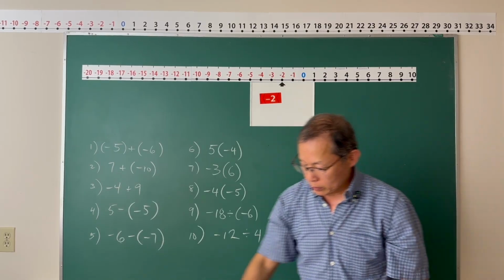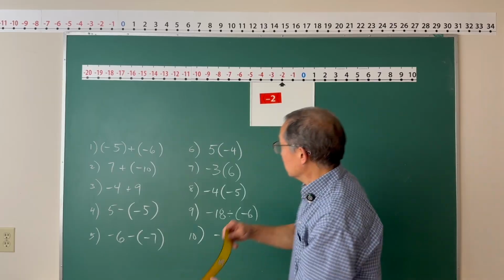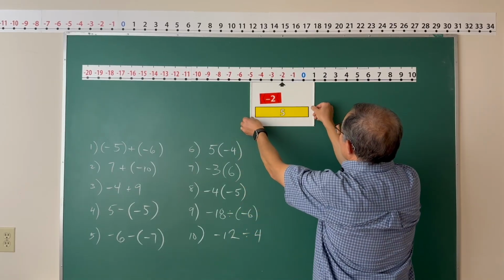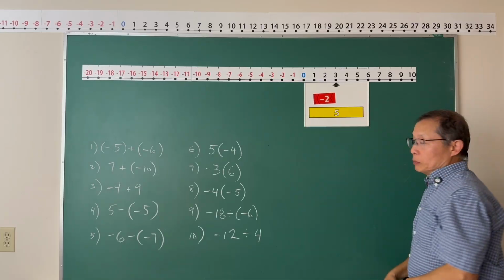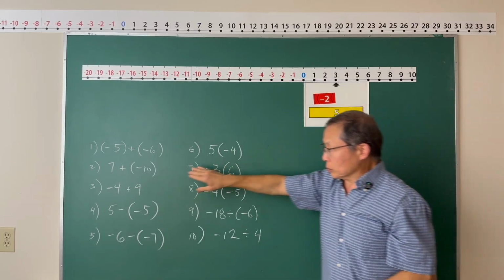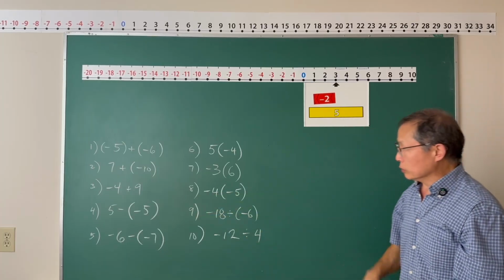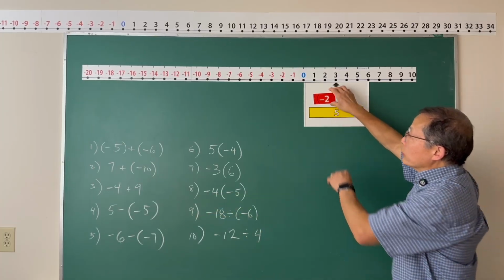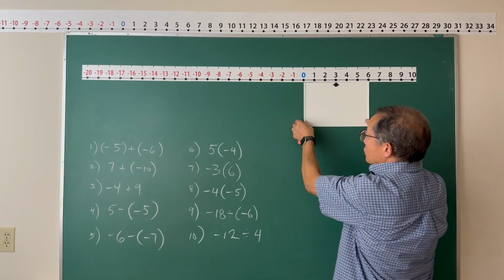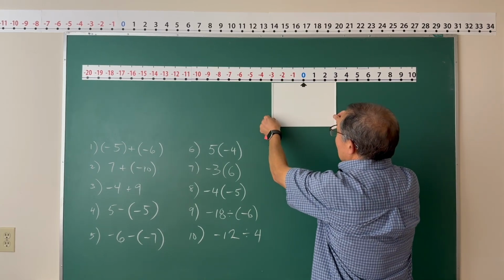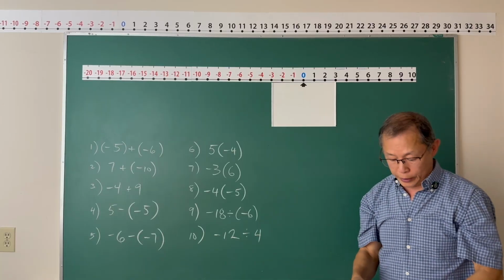If I then put in a positive 5, I now move 5 to the right. 1, 2, 3, 4, 5, and they can see that we end up with positive 3. Very, very similar to these types of questions here. Not a problem. However, the thing that I really want to introduce using the integer basket here is the concept of 0 pairs.